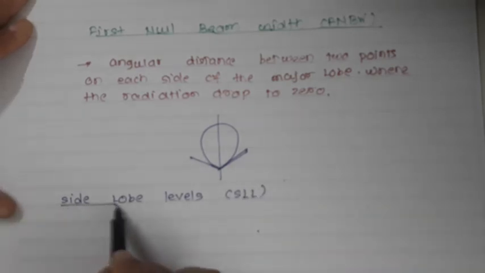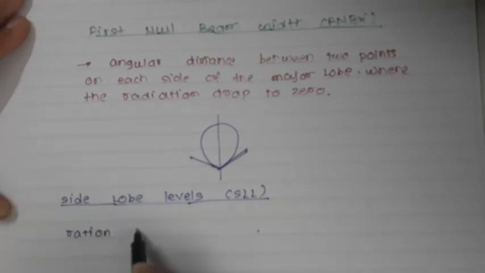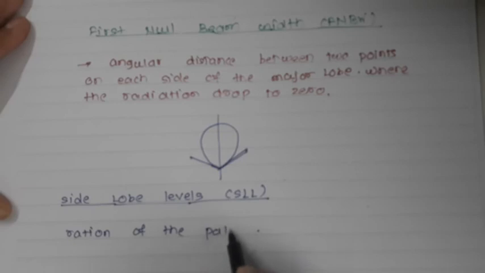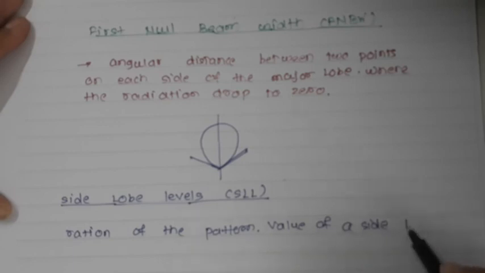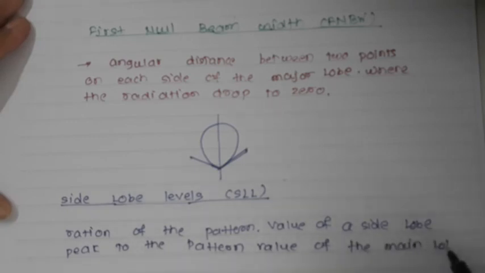SLL is the ratio of the pattern value of a side lobe peak to the pattern value of the main lobe. So this is the definition of the side lobe level.